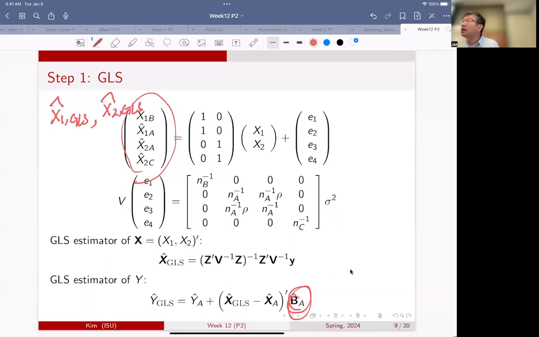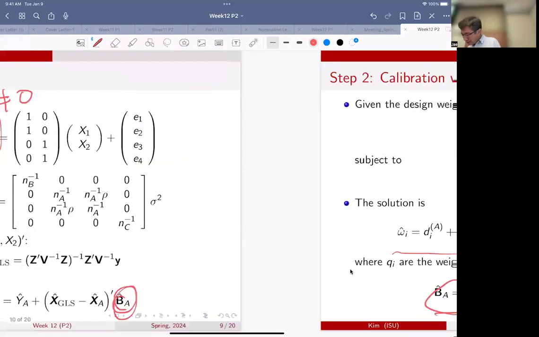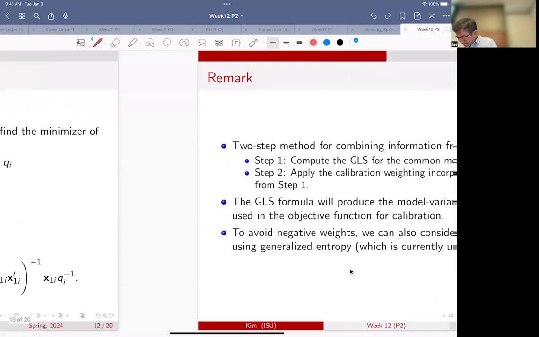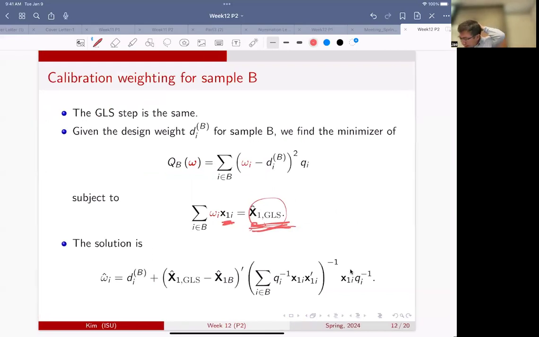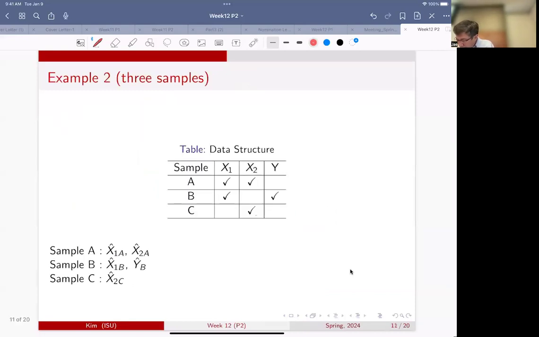They are correlated. Correlated means that it has information. So I think Moshime's question is, even if you use this one, we actually utilize this information through GLS.